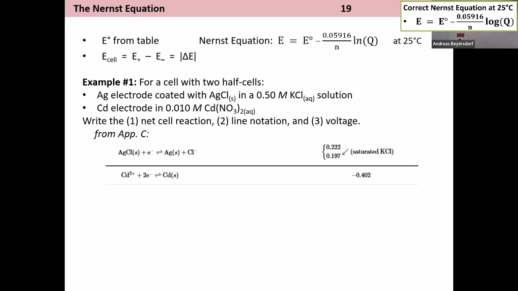So to figure out the entire cell potential, it's the difference between the two. And 0.801.